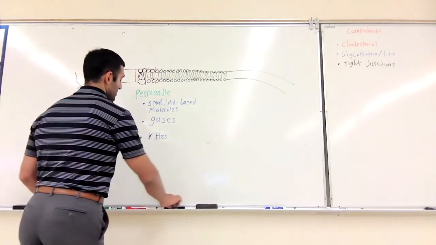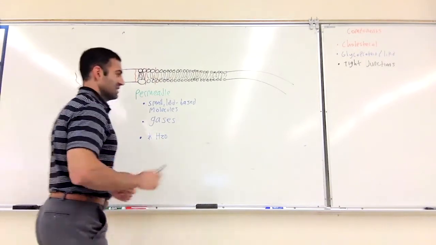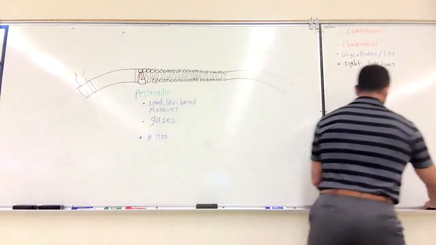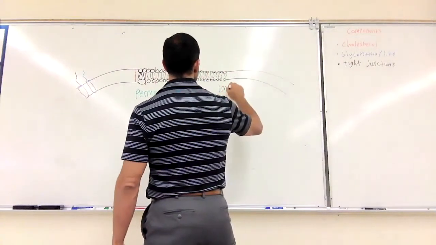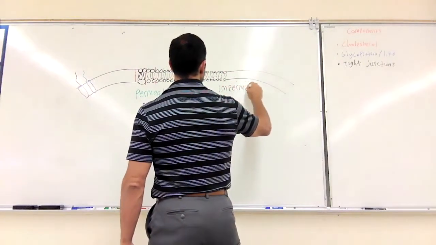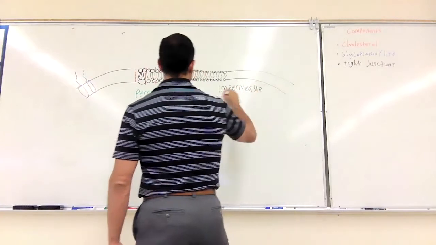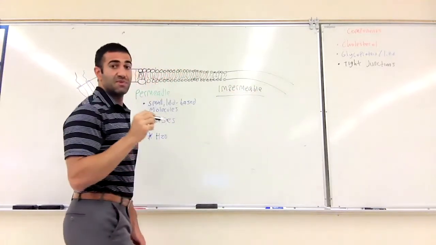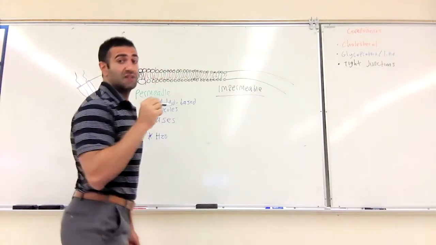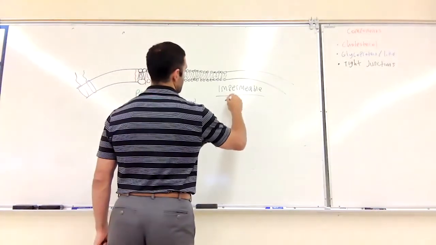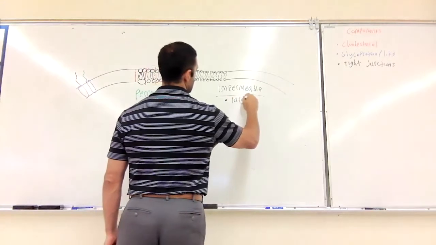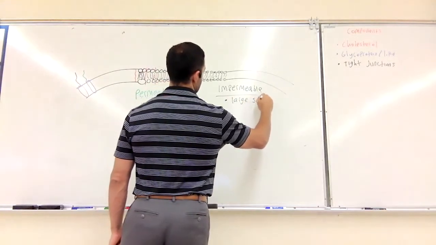Now, what is not permeable? What is not permeable? For starters, anything large. Macromolecules are examples of things that are too large to pass through. So I'm going to put down large substances.